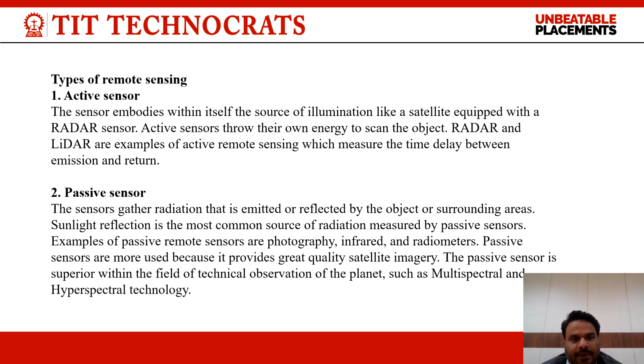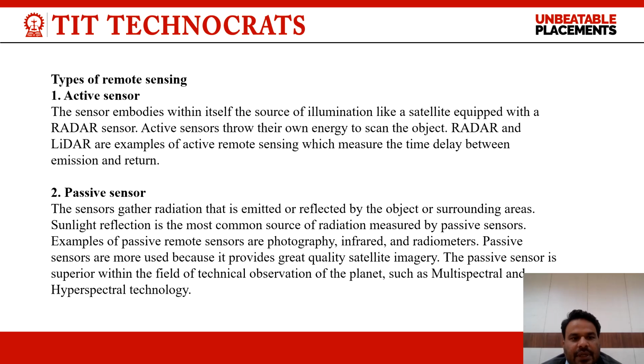Different types. First one is active remote sensing. The sensor carries its own source of illumination, like a satellite equipped with a radar sensor; active sensors use their own energy to scan the object. Radar and lidar are examples of active remote sensing.